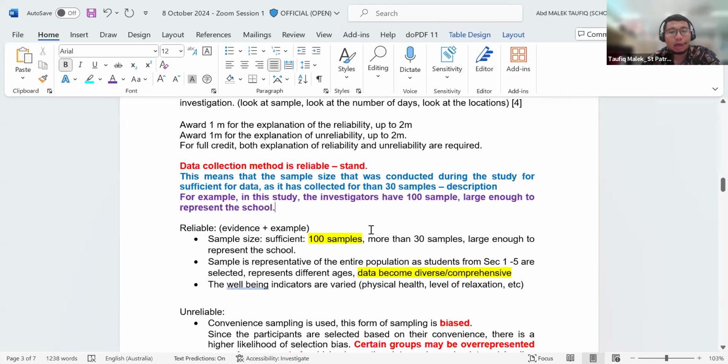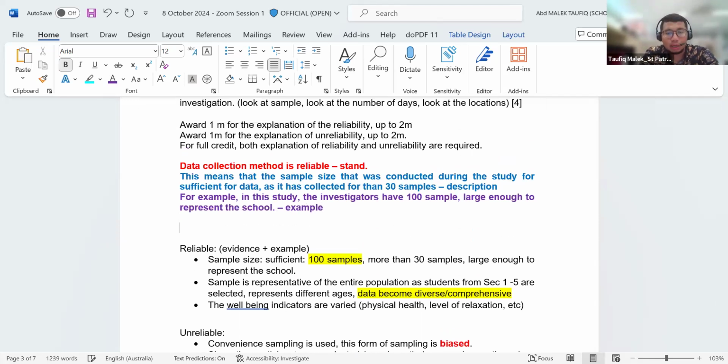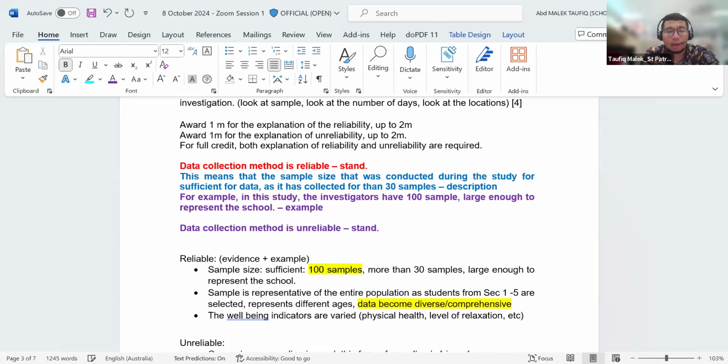Then after that, I need to explain unreliability. So I do the same way. I follow my stand: the data collection method is unreliable. So this is my stand, followed by my description.